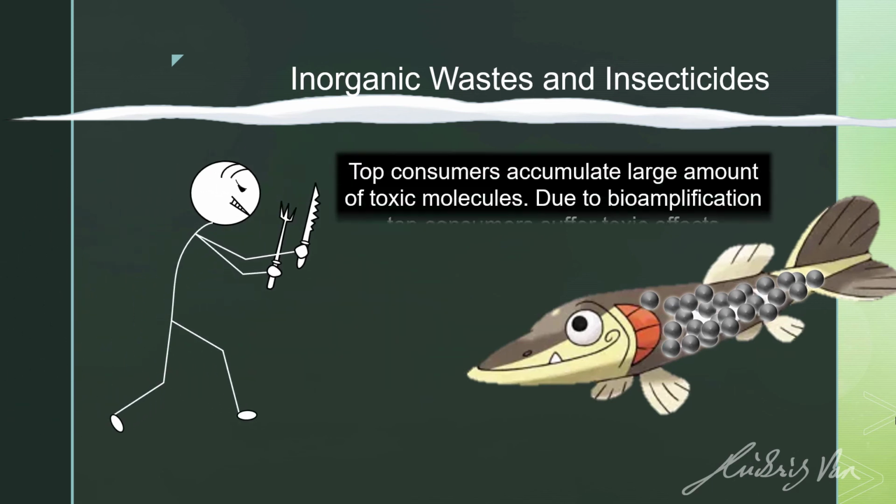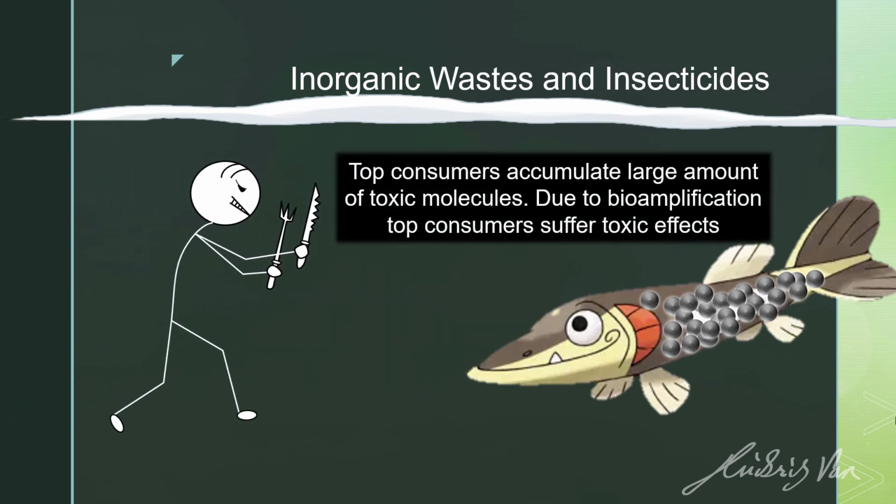So in the end, the top consumer will accumulate large amounts of these toxic molecules, and due to bioamplification, the top consumer will suffer the toxic effect. And most of the time, the top consumer is either us or the apex predator.